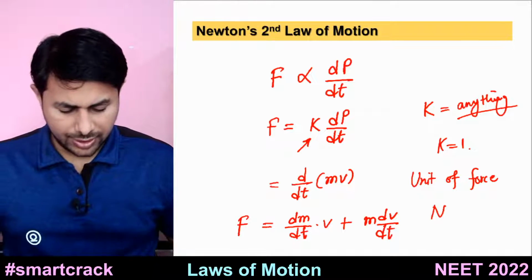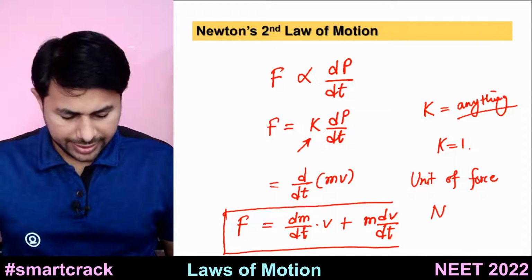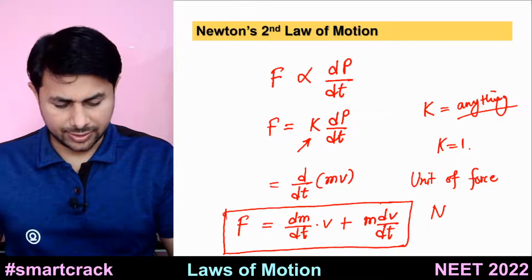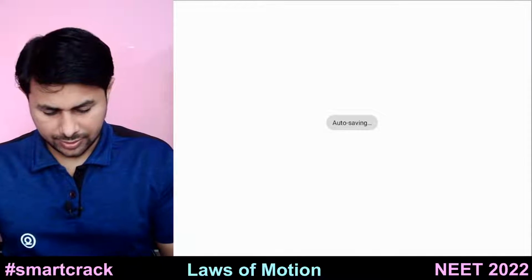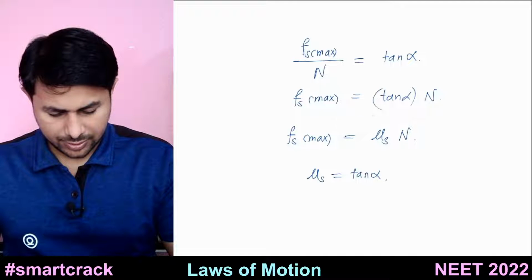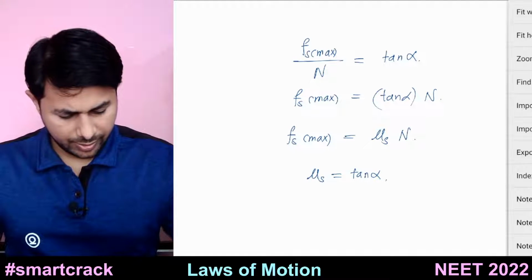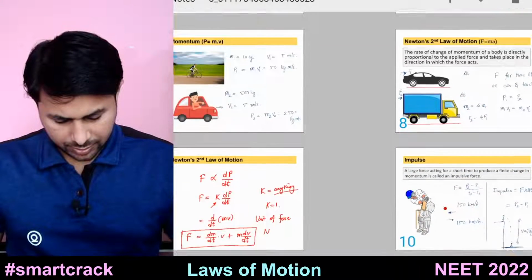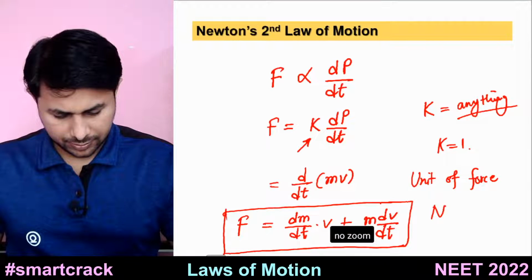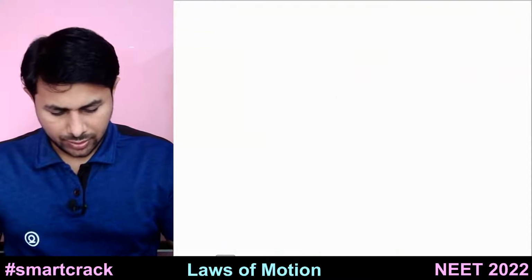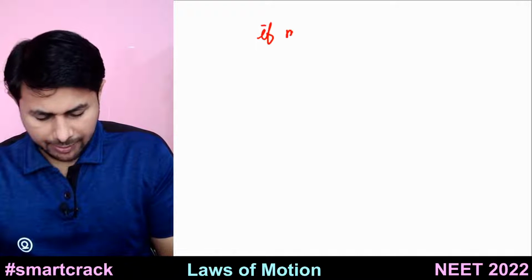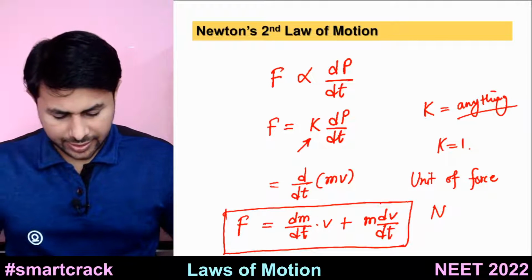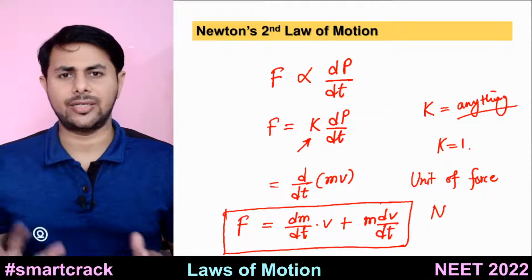Now if there is a case when mass is constant, if m is constant, if and only if, then we can say that force is equal to m into dv by dt, right?